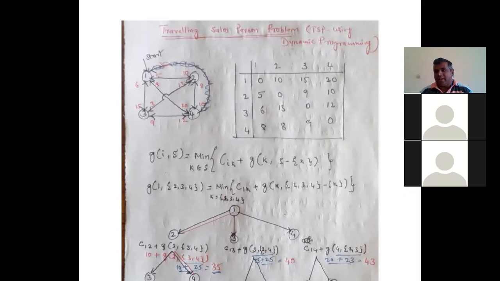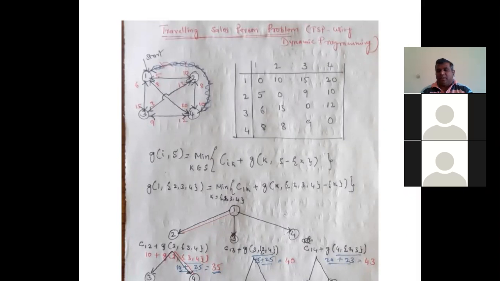That means connected graph. Nodes are nothing but cities, and the edges are nothing but connectivity. In a set of cities, all cities are interconnected. So our aim is to find a path.